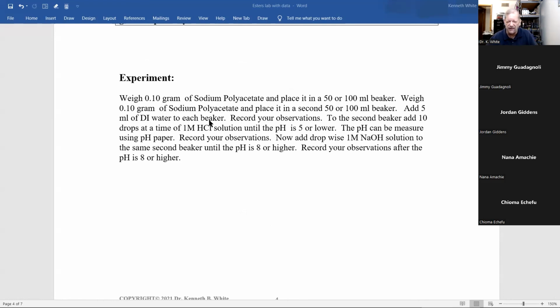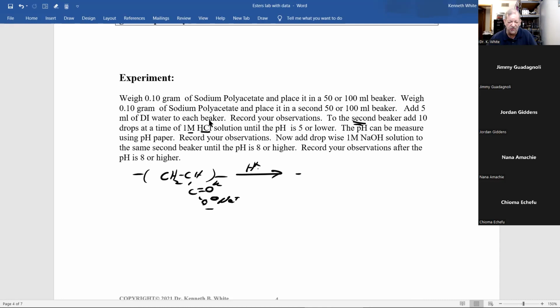Now, in the second beaker, what you do is you take this and react it with hydrochloric acid, 1 molar HCl, till the pH is lower than 5. And what that does is, this is a carboxylate anion, a base.